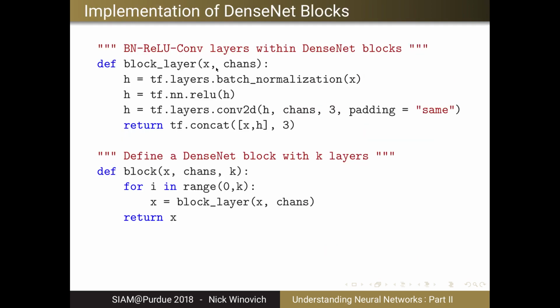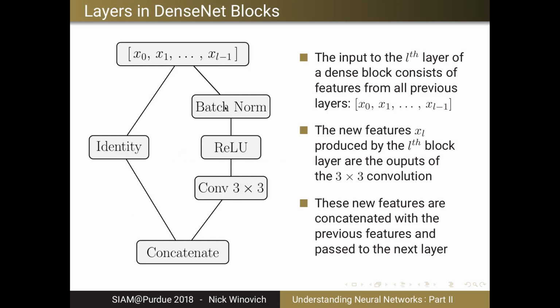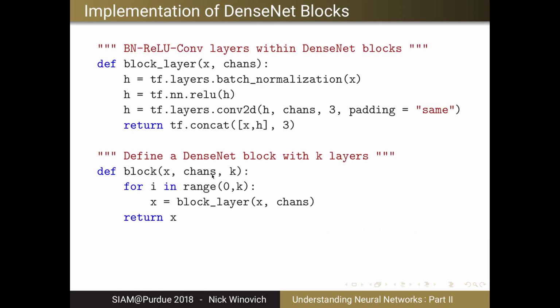To implement this, we can actually do it quite easily. We just define 2 functions. One will be the block layer, and another will define the block as a whole. So in particular, we can define a block layer by applying this batch normalization, the rectified linear unit, again following this formulation here, along with the convolutional layer, and then concatenating that with the original inputs x, just as illustrated in that diagram.